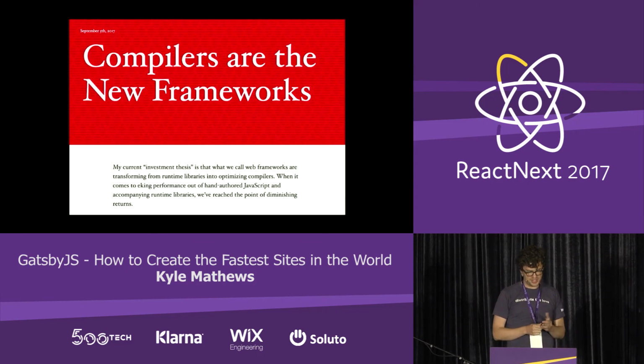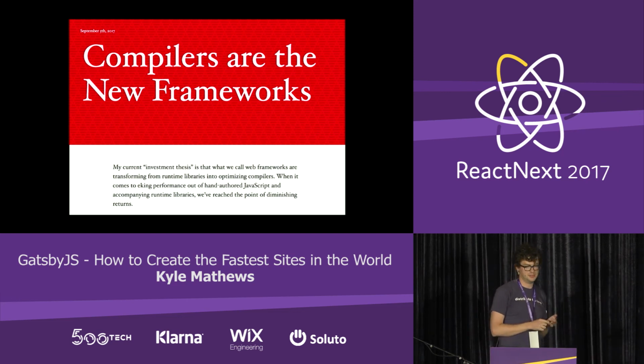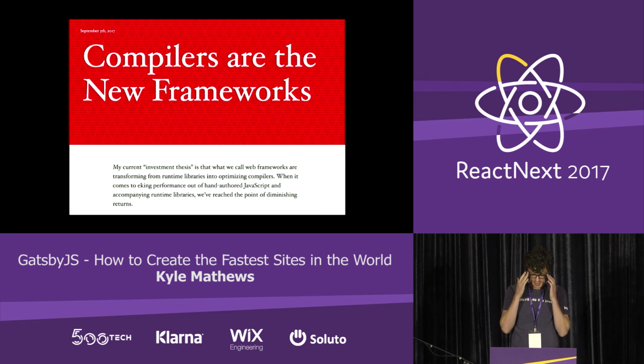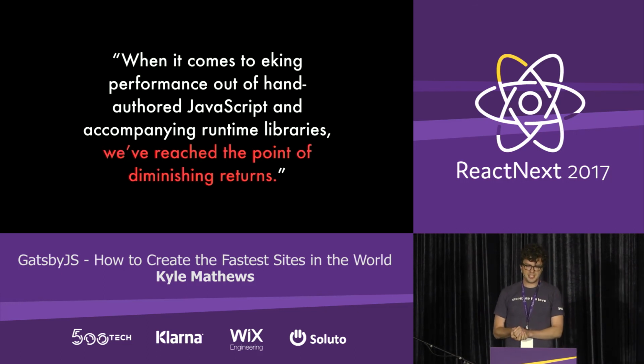A few days ago, Tom Dale, one of the major Ember people, conveniently wrote a blog post that hit a lot of themes I want to talk about in this talk, and I'll quote a bit from it. He said, when it comes to eking performance out of hand-authored JavaScript and accompanying runtime libraries, we've reached the point of diminishing returns.